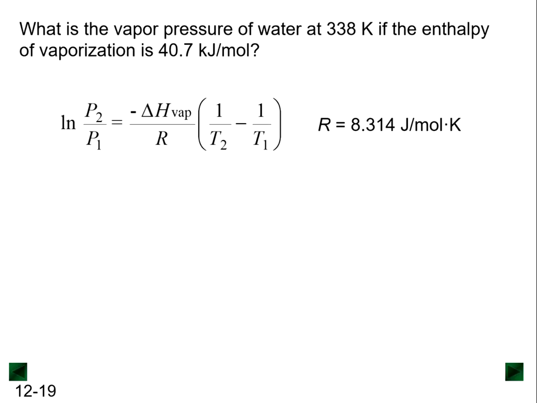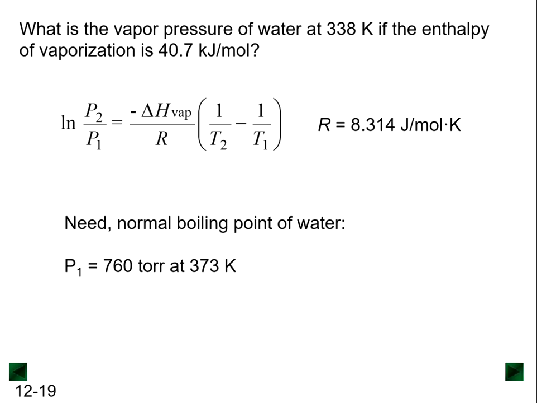But we need to have a standard value off of which we work, and that value can be the normal boiling point of water. Because we know at the normal boiling point of water, the vapor pressure is equal to 760 torr, the standard atmospheric pressure.